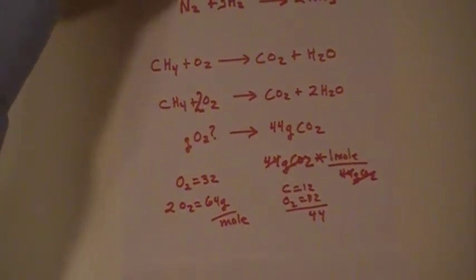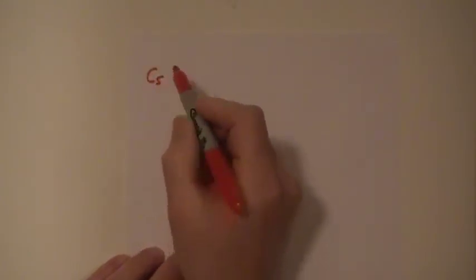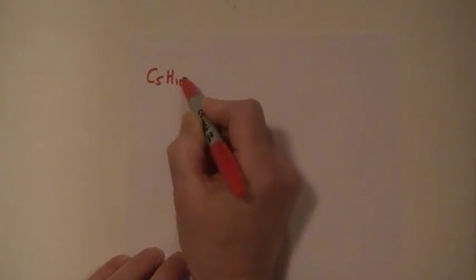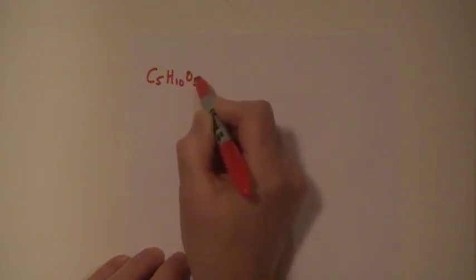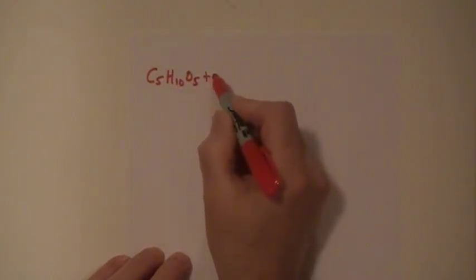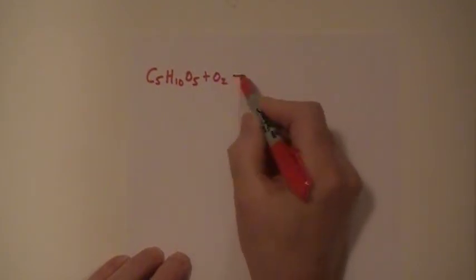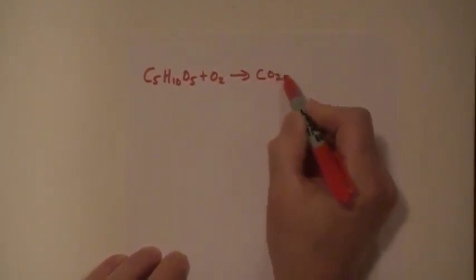Let's try another combustion reaction using an organic compound. Let's try this sugar, C5H10O5, plus oxygen yields carbon dioxide and water.